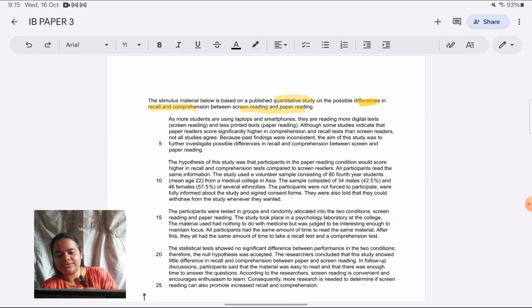The hypothesis of the study is that participants in the paper reading condition would score higher in recall and comprehension tests compared to screen readers. In the beginning, I noted that this is an experiment. I don't know if it's a true experiment or a field experiment, but I noted there is an experiment and there's manipulation of the IV.